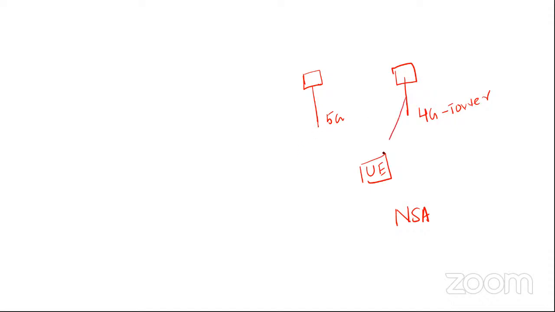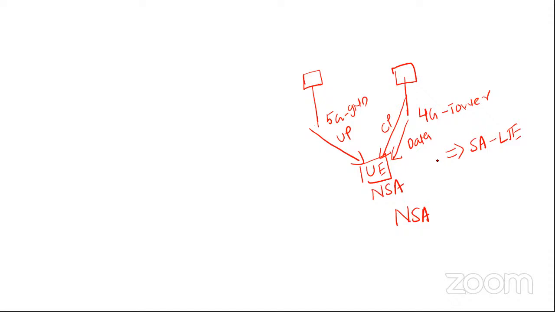If I am getting the control plane from the 4G tower and I am also getting the data plane from the 4G tower, this kind of term we call standalone LTE. But when I am getting the control plane from here and the user plane from 5G, or gNodeB, this kind of term we call non-standalone, NSA. Understood, Krish? Yes, please.